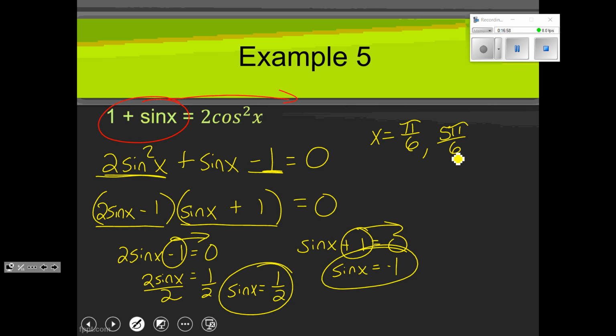Where is the y coordinate negative 1? And that would be down at 270, so at 3 pi over 2. So there should be your 3 answers. Okay? And there's no other place on here where the sine is equal to negative 1.